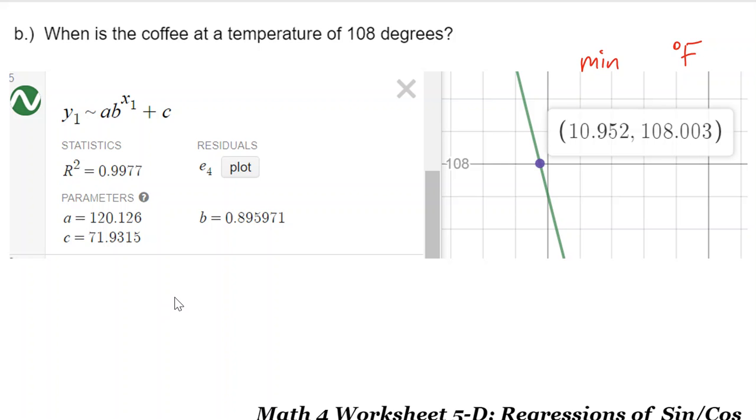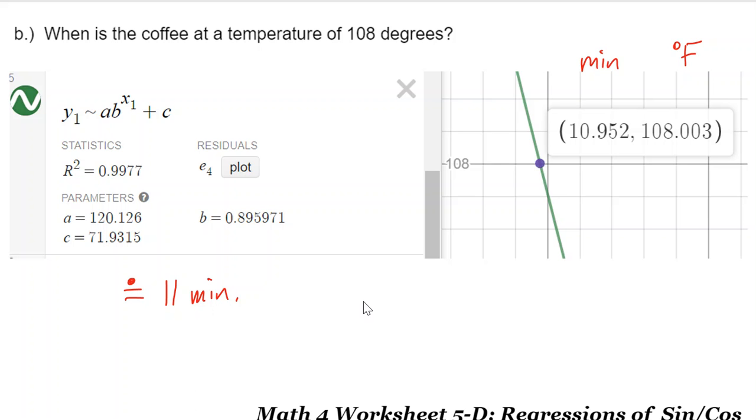So I would say, when is the coffee at 108 degrees? I would say about 11 minutes. That's when the coffee should cool down to 108. That was not exactly one of our data points, so we can't pull from our data set and find the answer there. We're having to extrapolate based on our newfound friend here, the exponential curve.